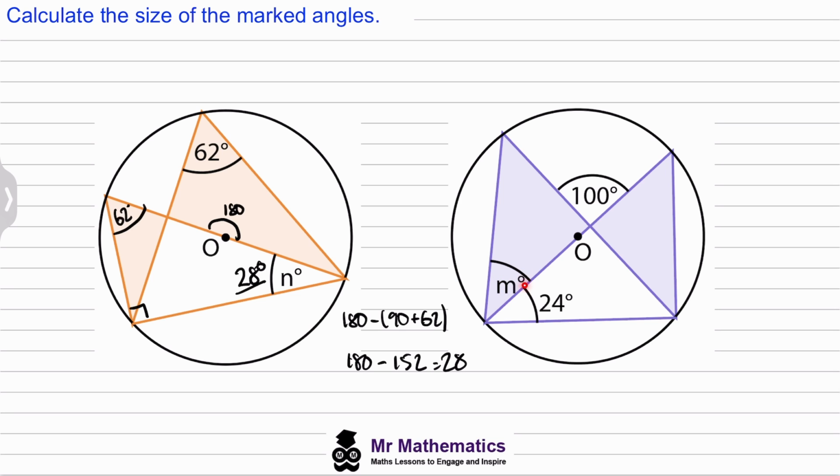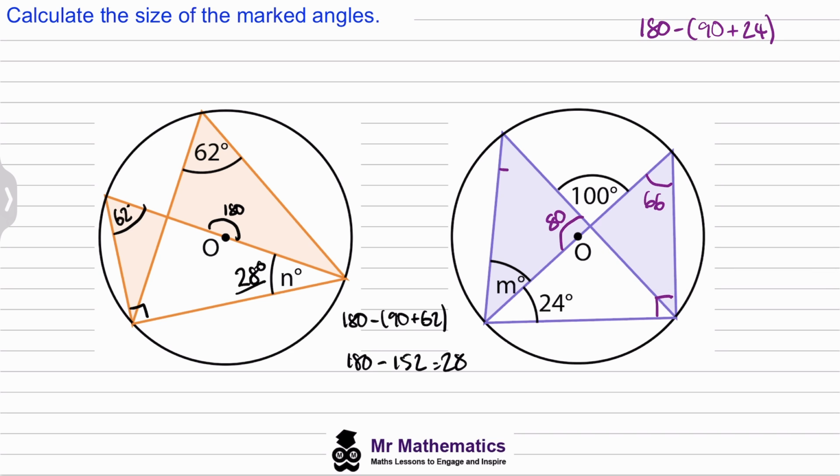To work out angle M, we have the angle at the center is 180, so this angle will be 80 degrees, and this will be perpendicular. So now we can work out this angle using angles in this triangle. So we'll have 180 minus the 90 plus the 24, which will give us 66 degrees.